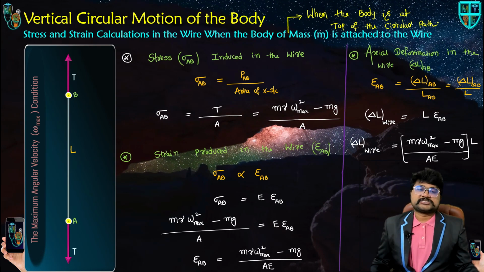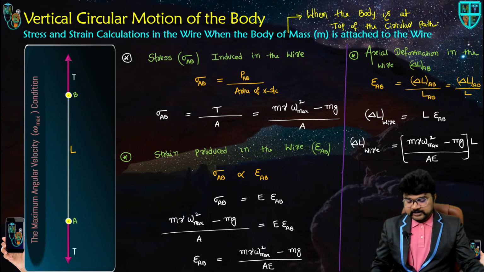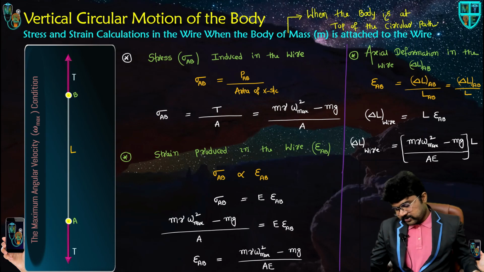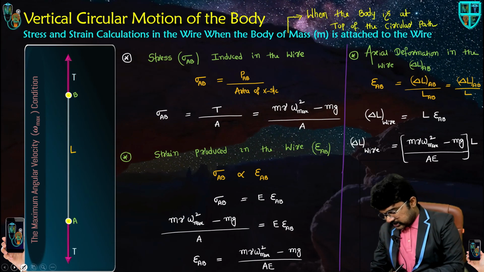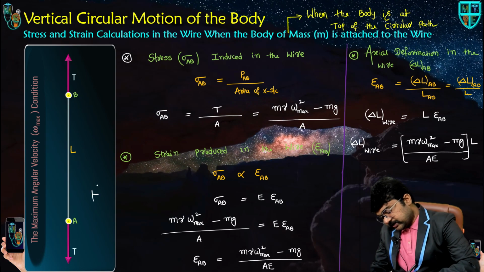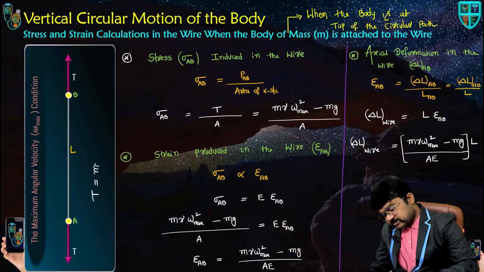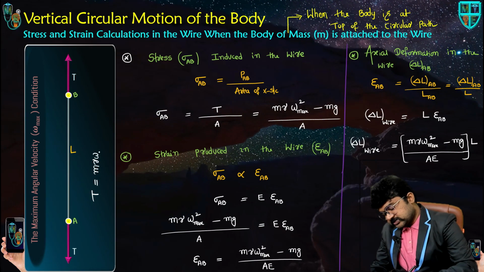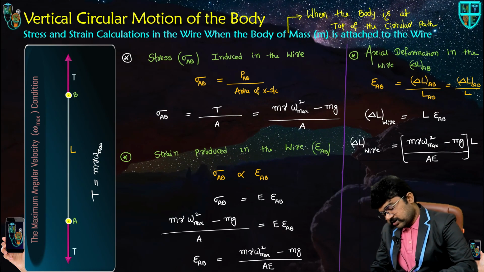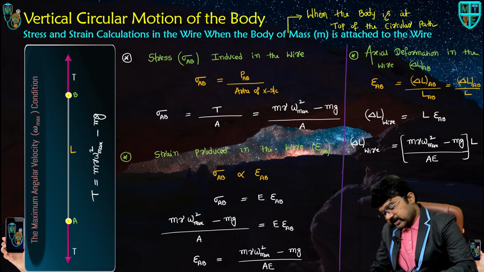Understood na? So stress calculations, and T will be the tension in the string. What is the value of tension T? Maximum tension in the string at maximum angular velocity condition is mr omega maximum squared minus mg, you will be getting.